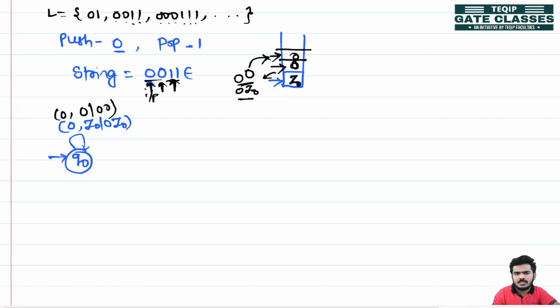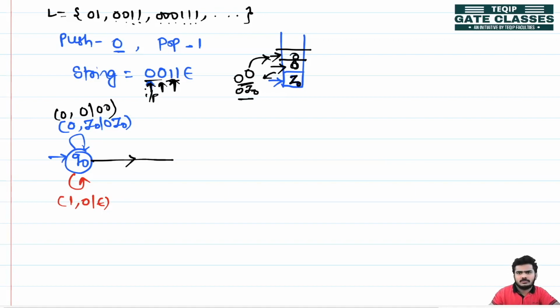Now I need to change the state. Why? Suppose I am not changing the state and I am writing here only. So if I write here, what will happen? This becomes input 1, the top of the stack is 0, and here epsilon is there. Understood?